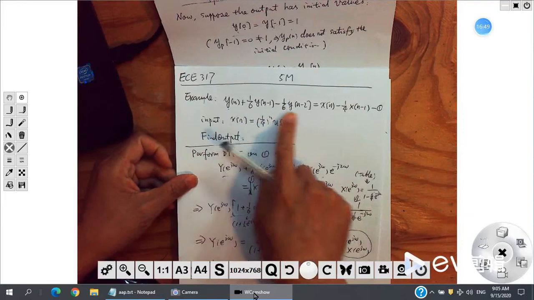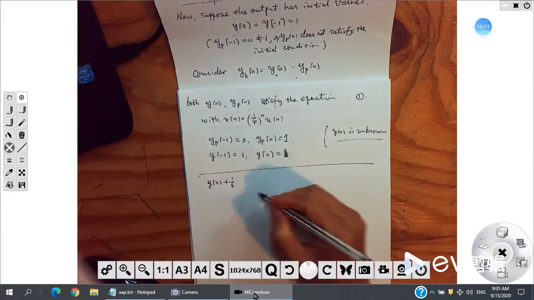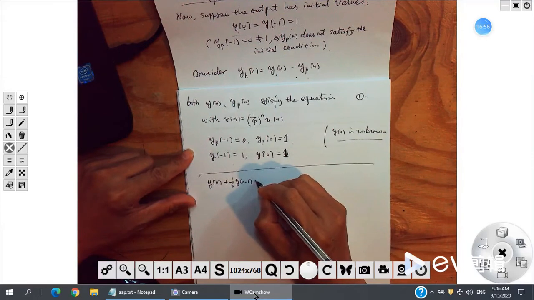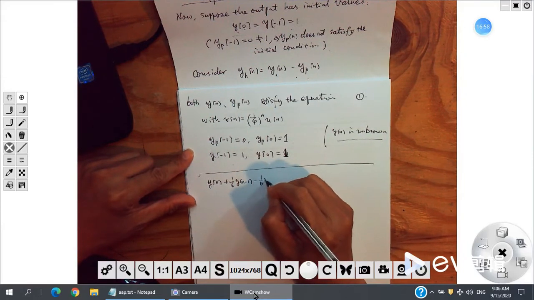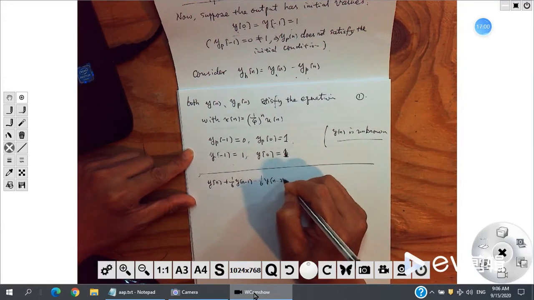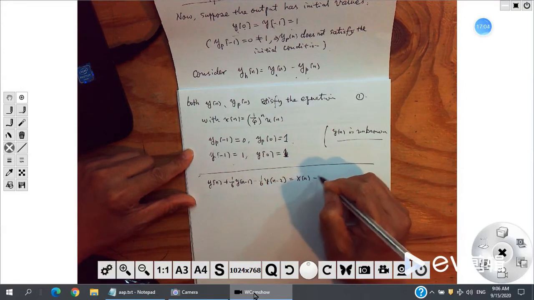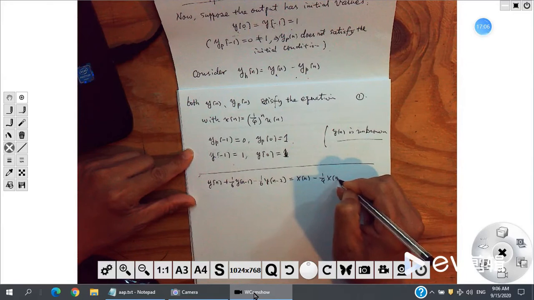I just copied this. 1/6 y of n minus 1 plus and minus 1/6 y of n minus 2 equal to x of n minus 1/4 x of n minus 1.